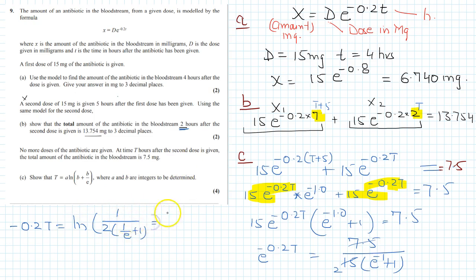So that is equal to ln, this e will come here, e over 2 e plus 1.